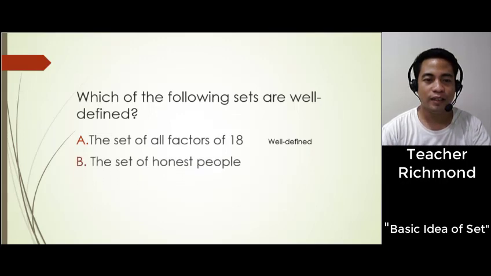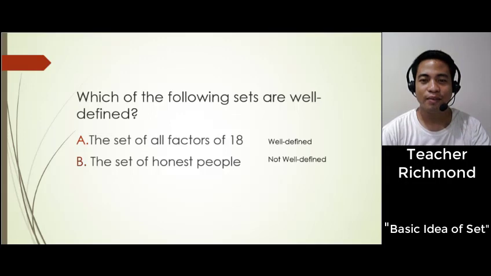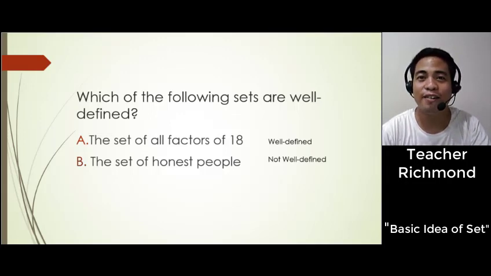Next one, the set of honest people. Well-defined or not well-defined? It is not well-defined. Why? Because a certain person might be honest to me, but he or she might not be honest to you. Therefore, it is not well-defined. My honest is not your honest maybe.